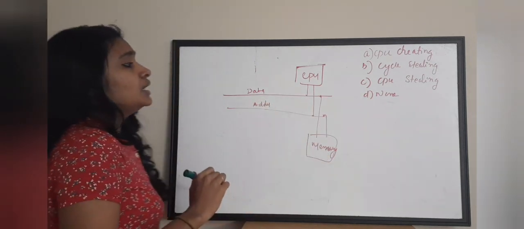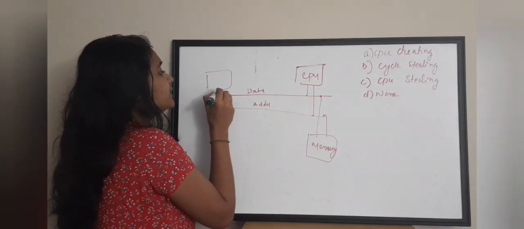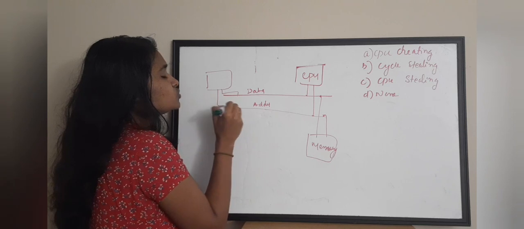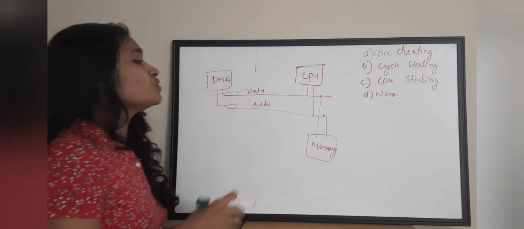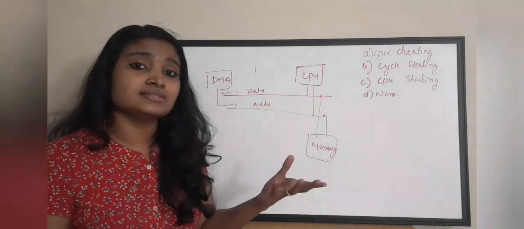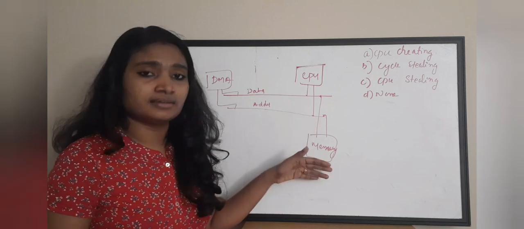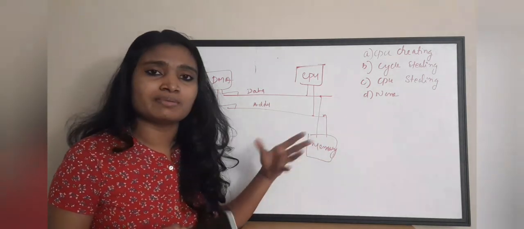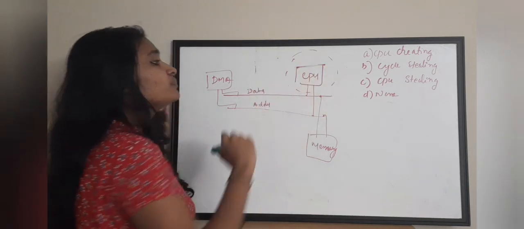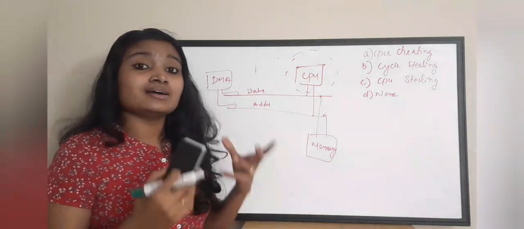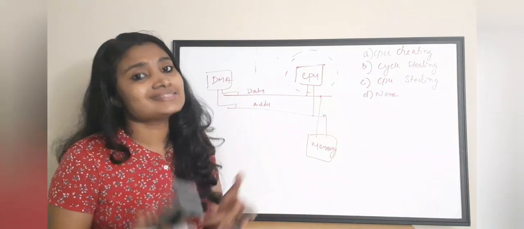And if a DMA is being used, the DMA will take over these 2 buses and take control of the read and write cycles of the memory. That is, data is read and also written to the memory without the intervention of the CPU. So they are asking what the other name of this DMA utilization is.